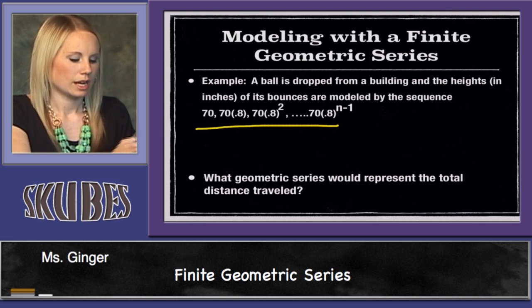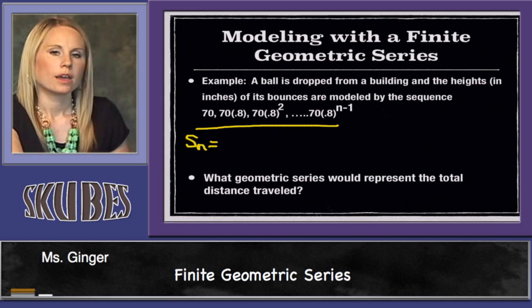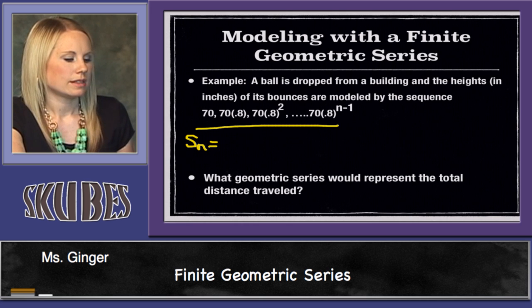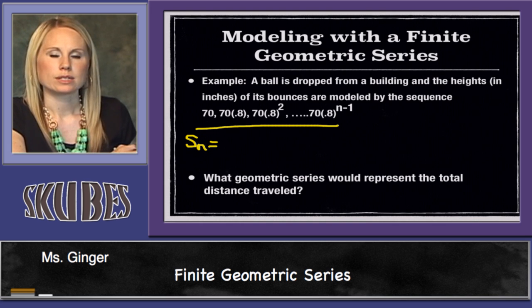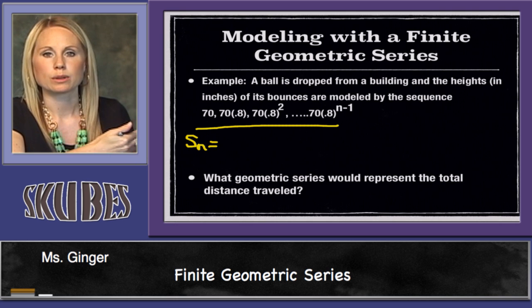So what we're going to do is analyze this situation a little bit. Okay, so we can see that for each bounce, the ball is traveling 70 inches. When it bounces, the vertical distance up to the top is 70 as well as back down.